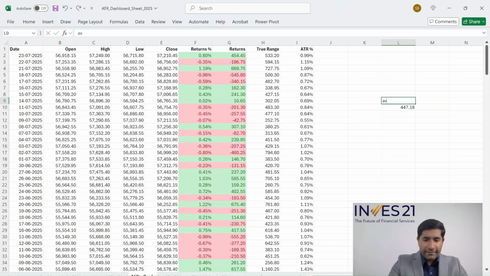So over here we have the average true range as 447. Now let us calculate the ratio of it, where we take the current true range, divide it, and then we get this ratio. So we see that there's about 1.2 times, I would say.